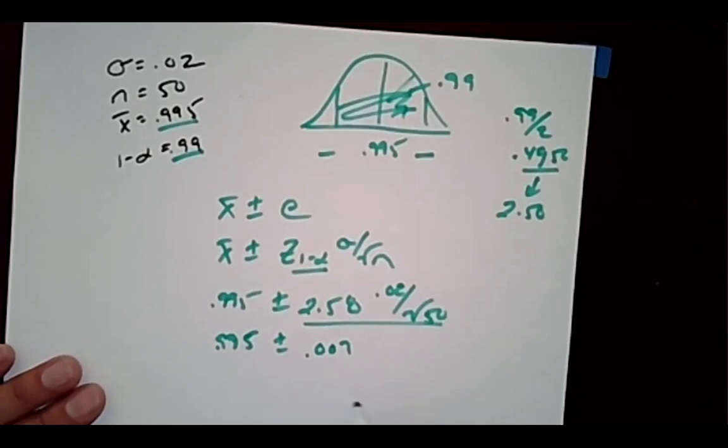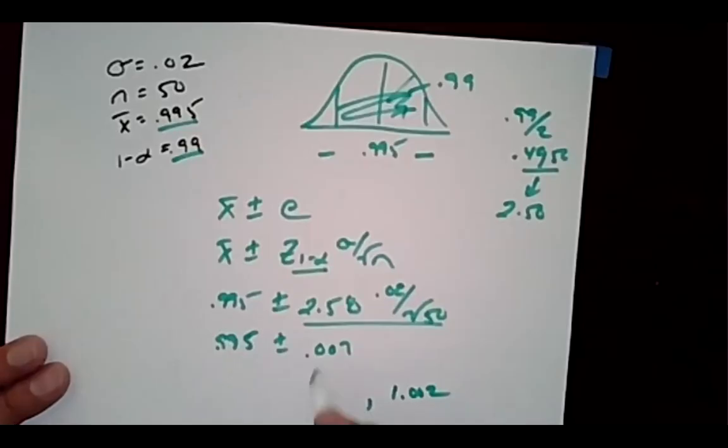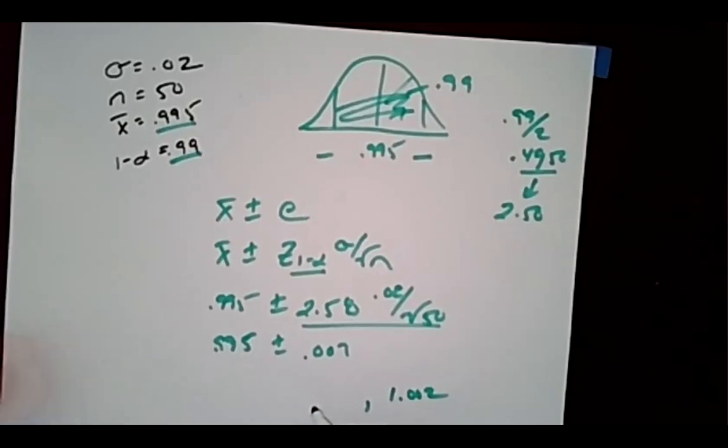Give me the two values. The higher number is 1.002. Yep. And the lower is 0.988. Yeah, 0.988.